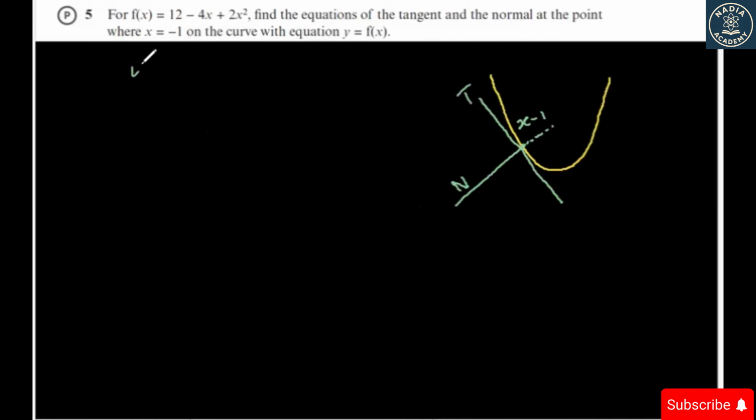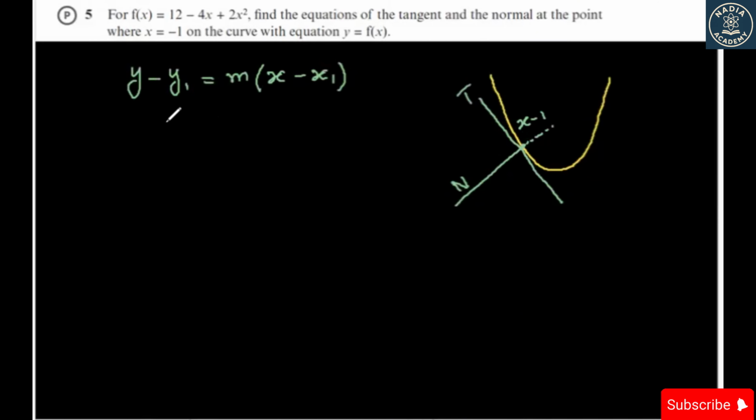So the equation of a straight line is y minus y1 is equal to m, which is the gradient of the line, times x minus x1. What are x1 and y1? They are the coordinates of the point where you have the tangent and the normal.